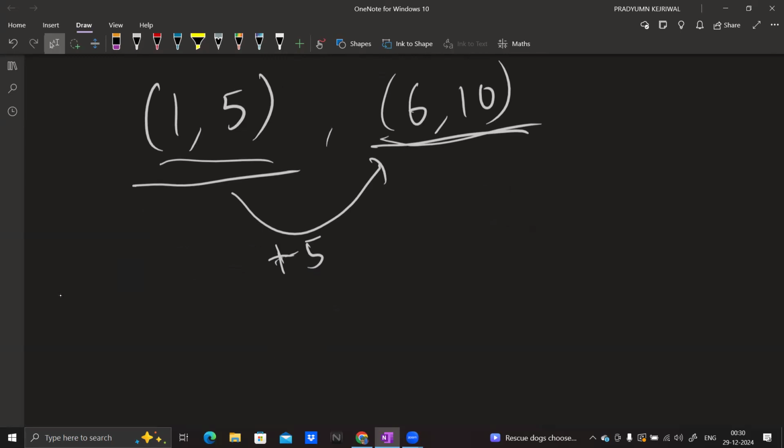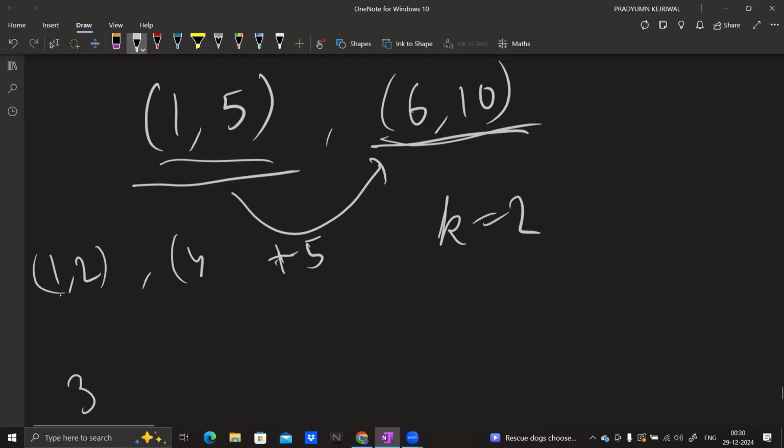Let's calculate that. If k equals 2, then the answer for this would be 3 only, right? Because first of all, it would break down into 1, 2 and 4, 5 and 3 would be added.